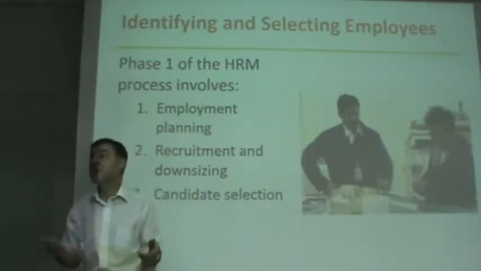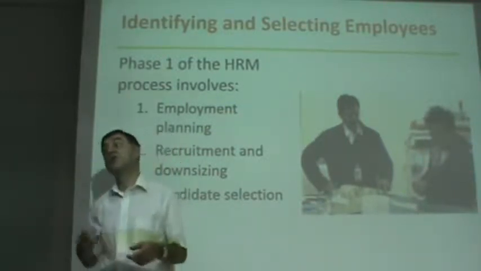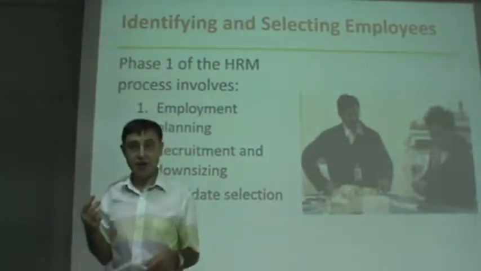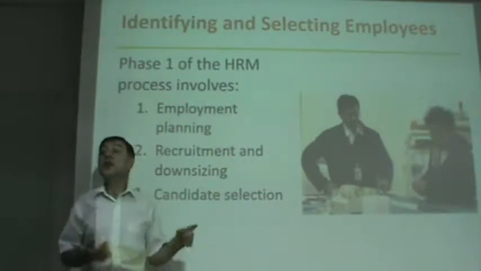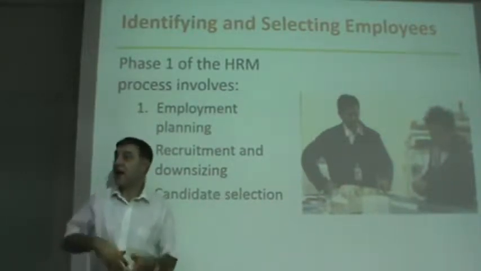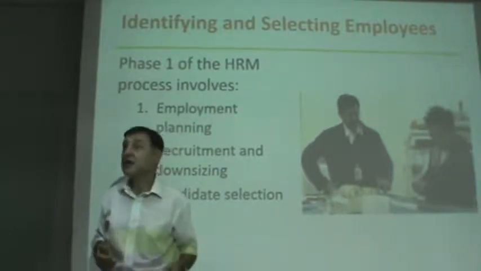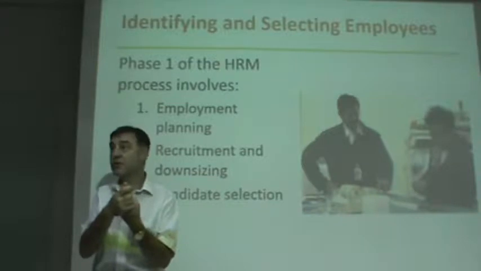Okay? Same thing with a restaurant. If you have 12 tables, for 12 tables, maybe you need 2 waitresses, okay? One maybe not enough, okay? So you will have to identify. If you have a big hotel with 50 rooms, maybe only 1 or 2 ladies cleaning the rooms is not enough.